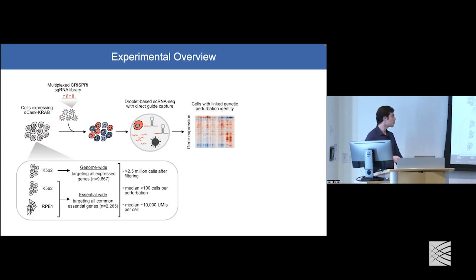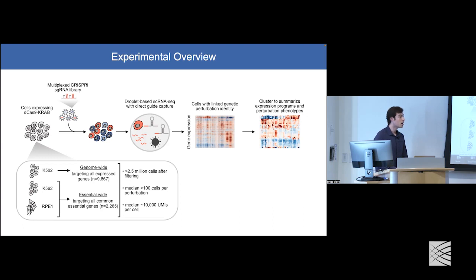And then also smaller sub-libraries, one that was replicated in K562s and one in a very different cell type, RPE1s. And then we did droplet-based single-cell sequencing by 10x. And what we ended up with was a gigantic matrix of millions of cells with known perturbation identities, and then 20,000 genes whose expression we're measuring.